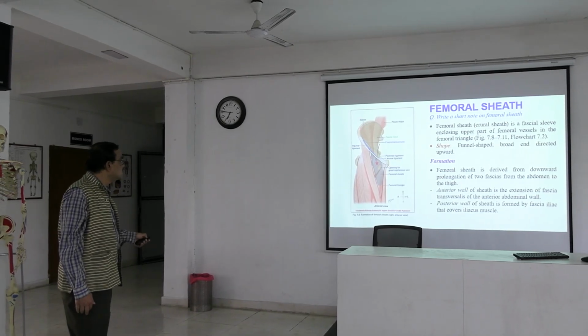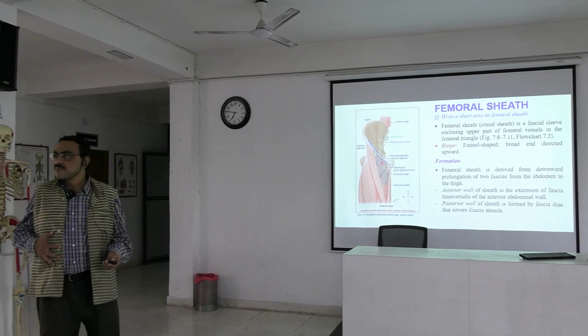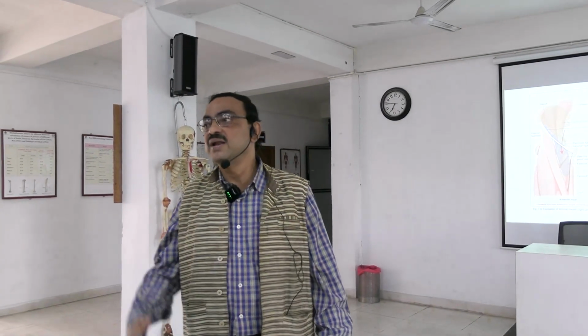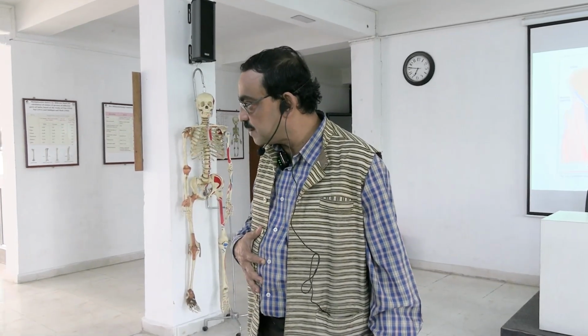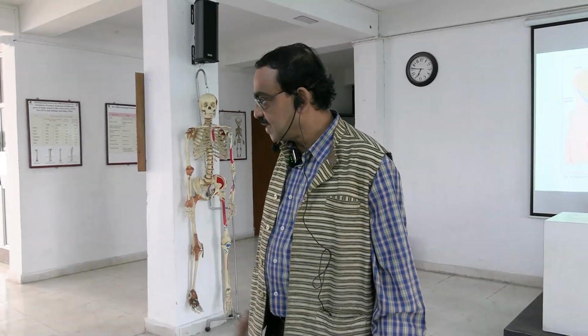There are 3 muscles in the abdomen. From superficial to deep, from outside inwards: external oblique, internal oblique, then transversus abdominis, and below the transversus abdominis we get a fascia, which is called fascia transversalis. Can you remember it?